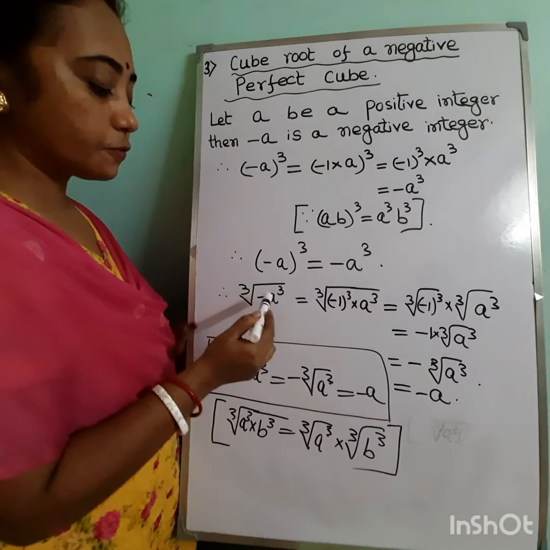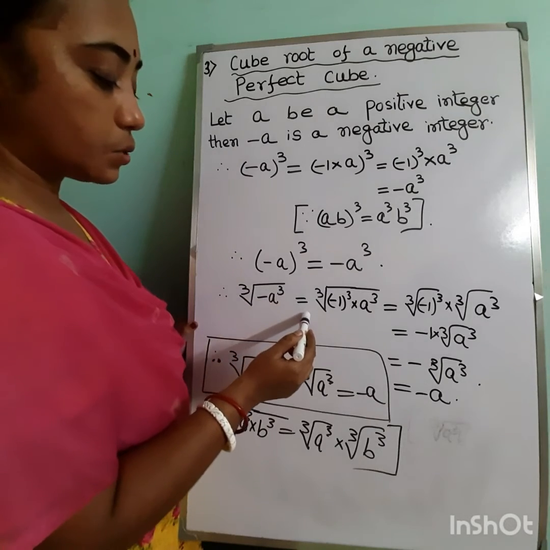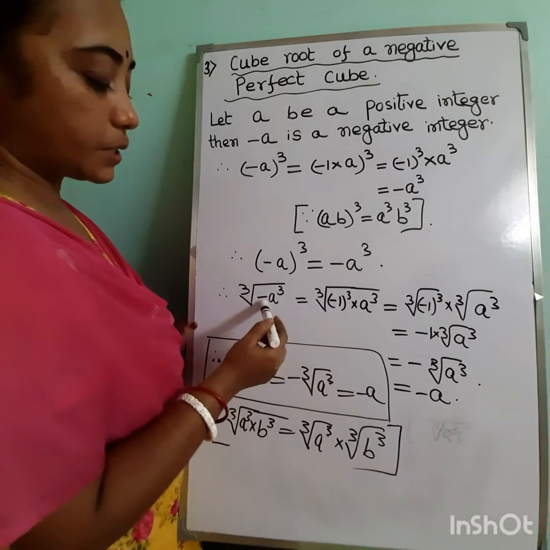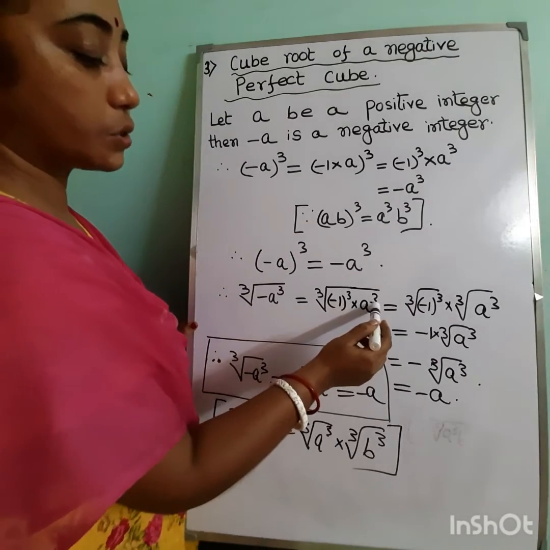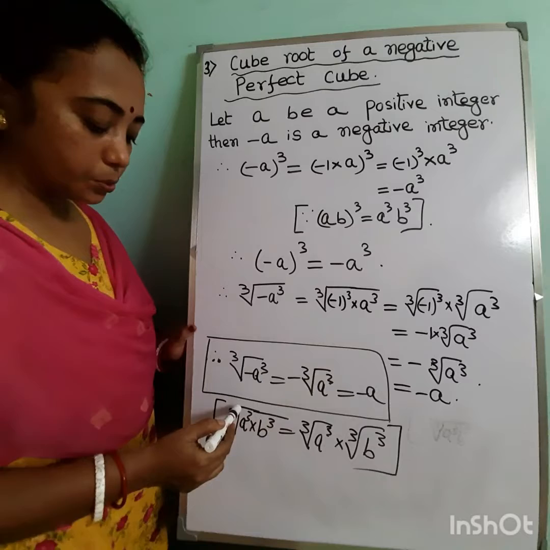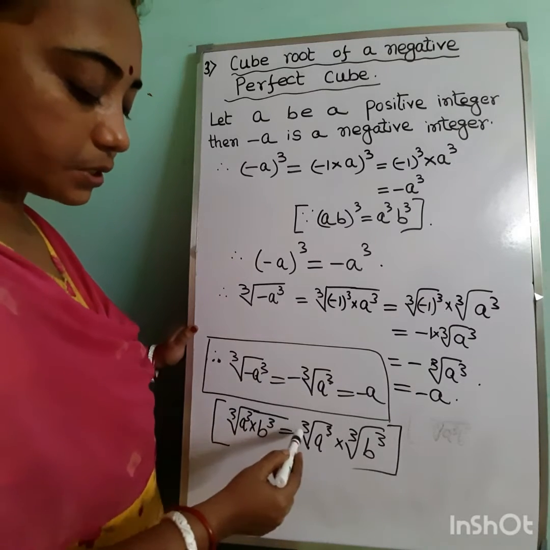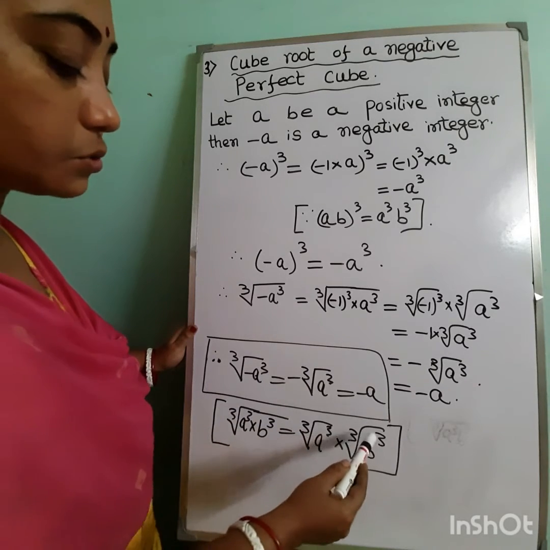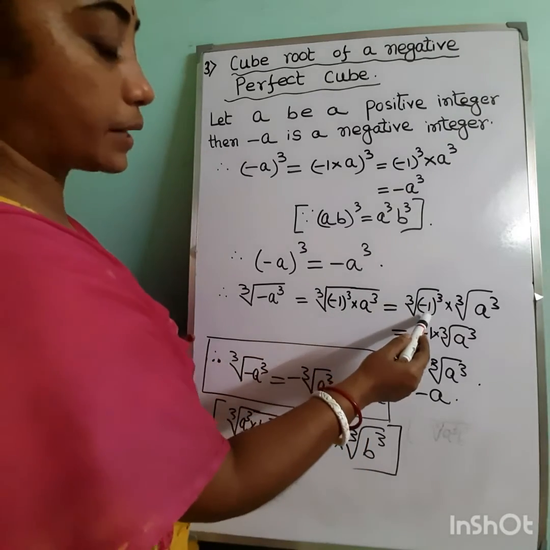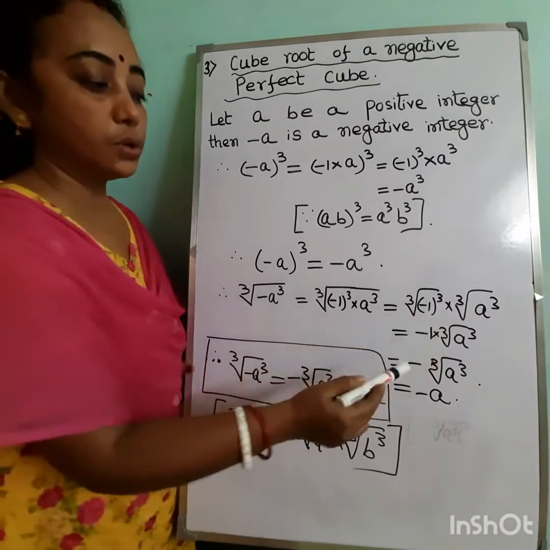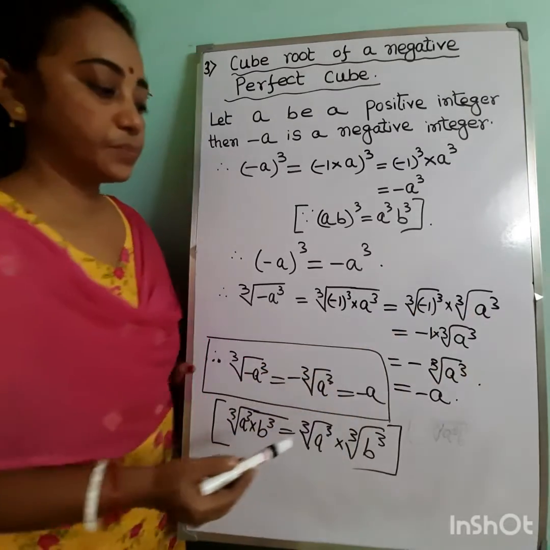So the cube root of minus a cube is equal to the cube root of, in place of minus we can write, minus 1 whole cube into a cube. Since the cube root of a cube into b cube is equal to the cube root of a cube into the cube root of b cube, we can write the cube root of minus 1 whole cube into the cube root of a cube.